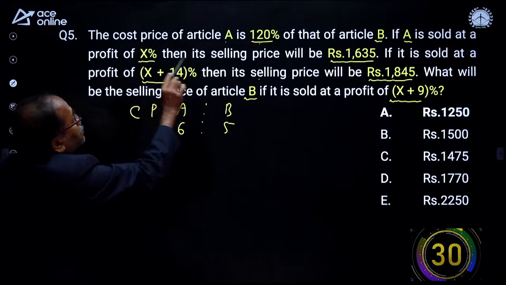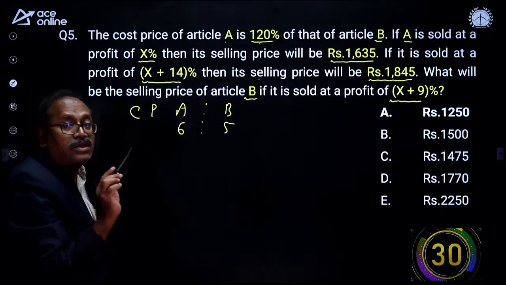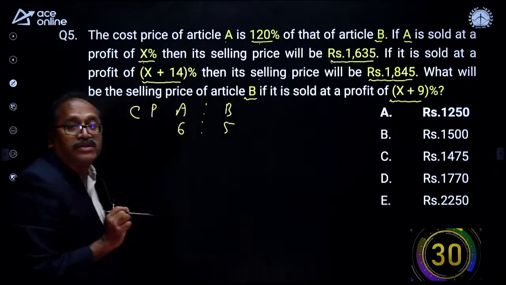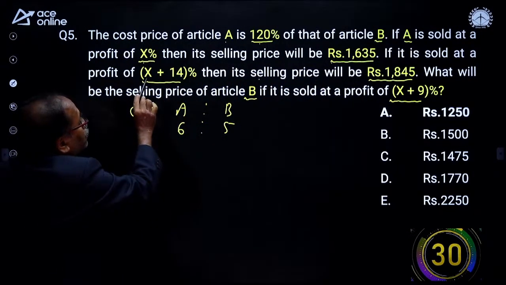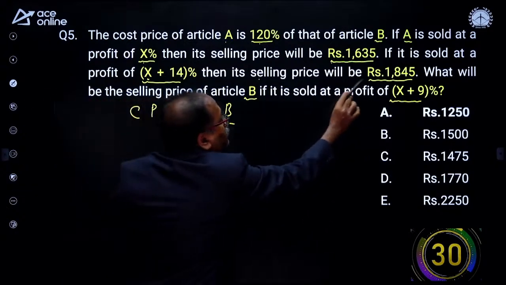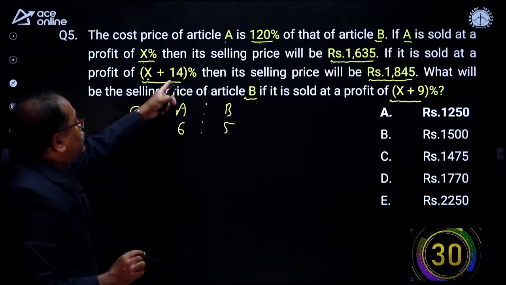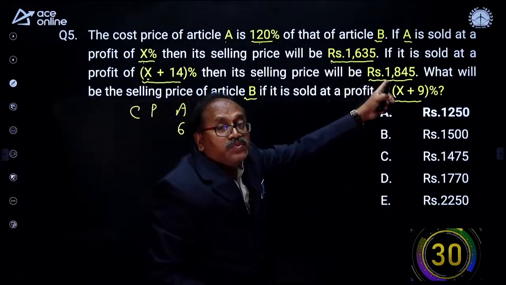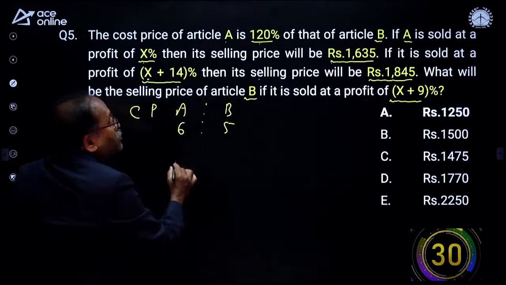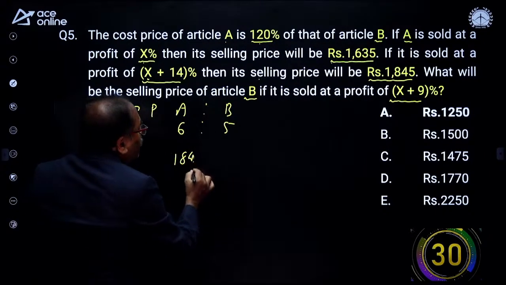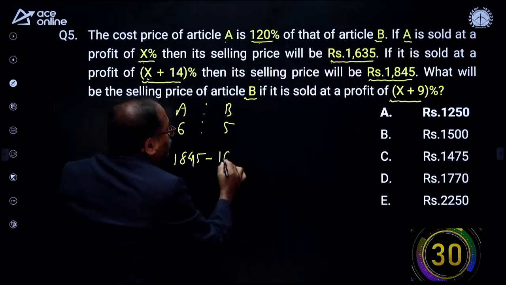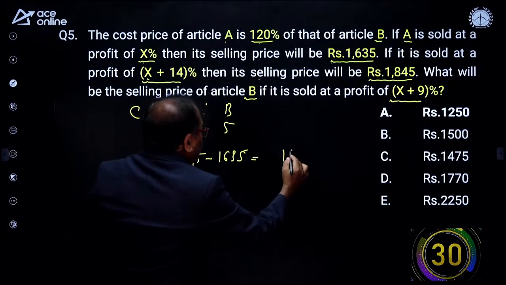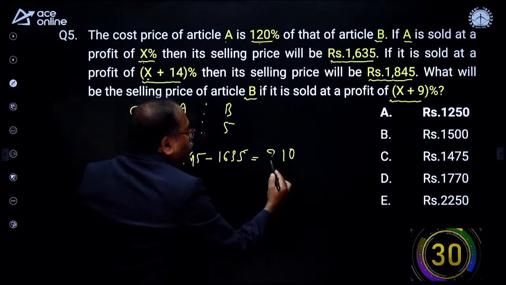Everything is talked about A here, in the initial part. It says that A is sold at X% profit and this is the selling price, and when A is sold at X plus 14%, this is the selling price. Can you see that 14% of the cost price is extra here? And how much is this extra money? It is 1,845 minus 1,635, which is 210.